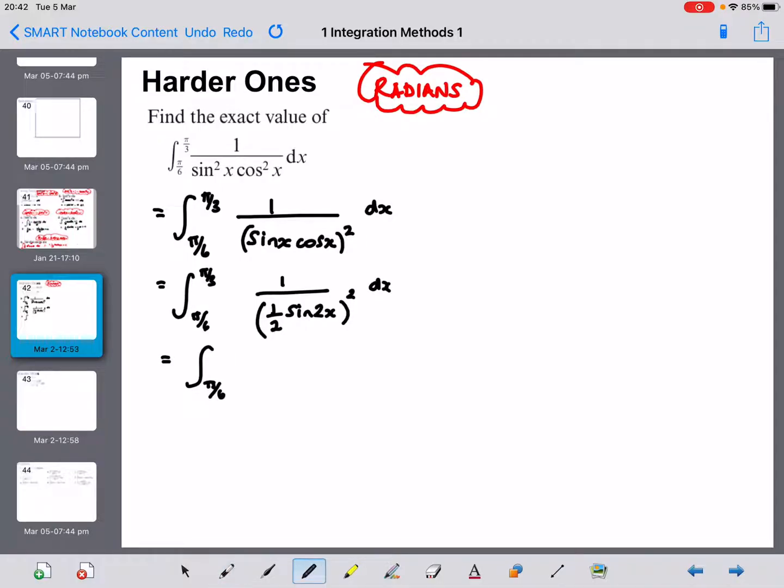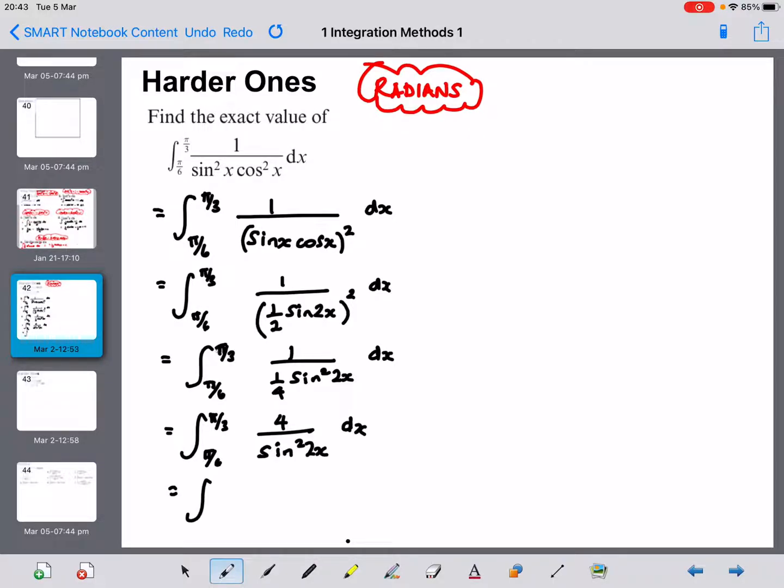Obviously, the more you do these, the quicker you'll see how to write it. So that's the same as, if I square that bottom bit, a half squared is a quarter. And then I've got sine squared 2x. If I do 1 divided by a quarter, so I'm nearly there now, 1 divided by a quarter is 4. So we've got 4 over sine squared 2x.